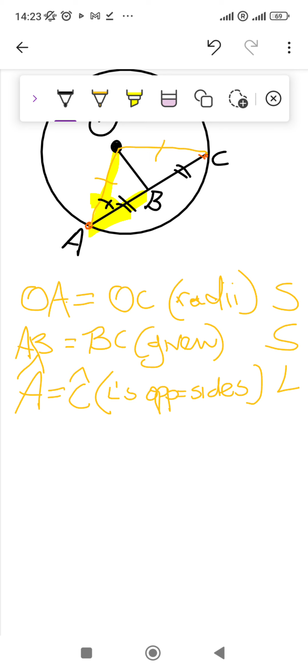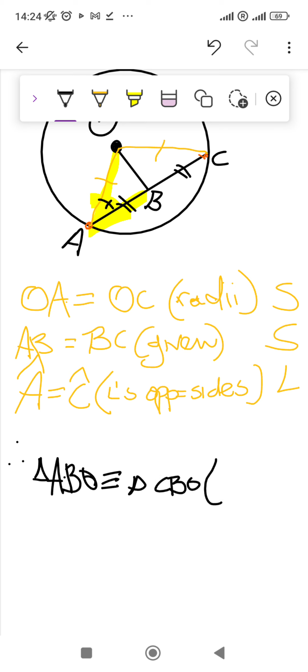So we will say, therefore, triangle ABO is congruent, and congruent is three horizontal lines, to triangle CBO. Our reason for congruency is side, angle, side.